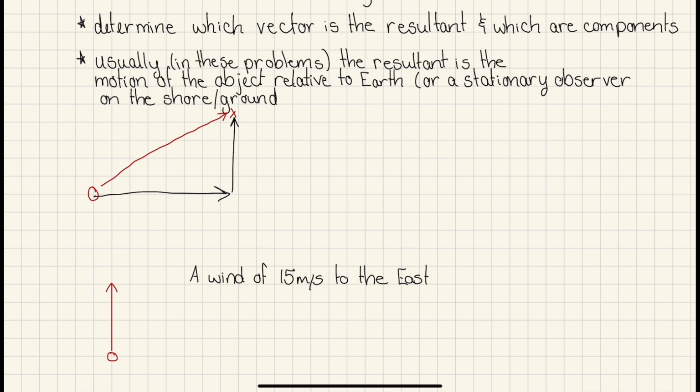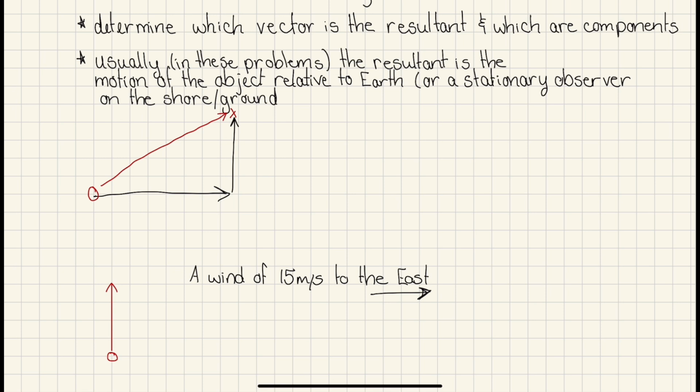And somewhere in the question it stated that the pilot launches and desires to land directly north of their launch point. Well, if a wind is going to the east, I'd recommend you then draw out an arrow to the east so you can think about what you have to take account of. So a wind of 15 meters per second to the east. So we have an arrow that looks like that.